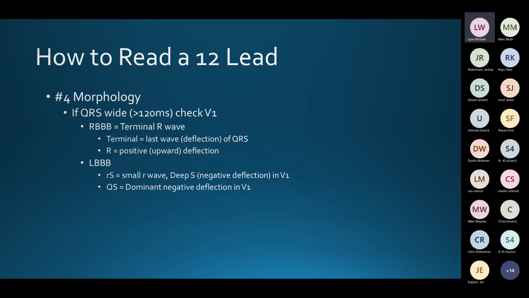The terminal R wave is the last deflection of the QRS, and if it's an upward deflection, which an R wave is, then that's a right bundle branch pattern. If there's even a small r with a deep S wave, in other words a negative deflection in V1, that by definition is a left bundle branch block.